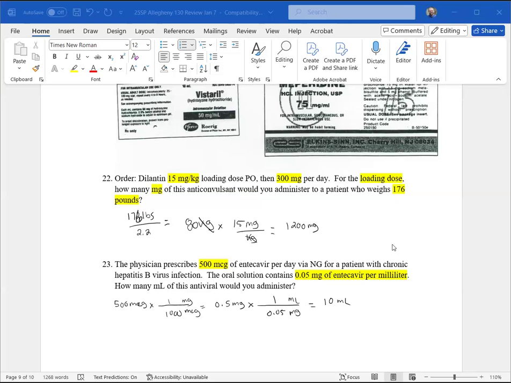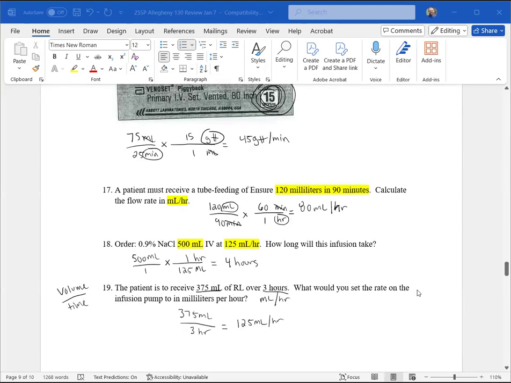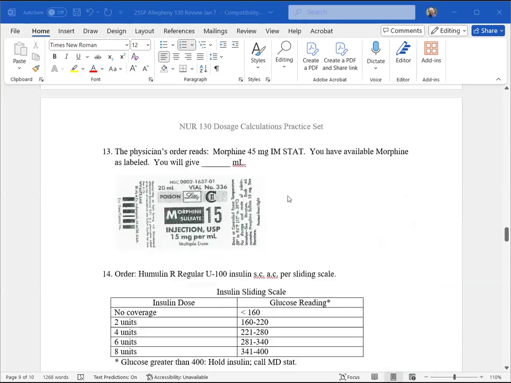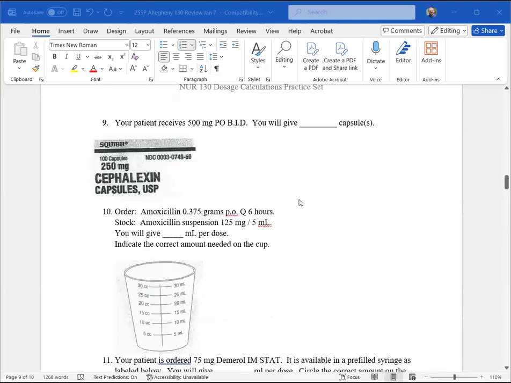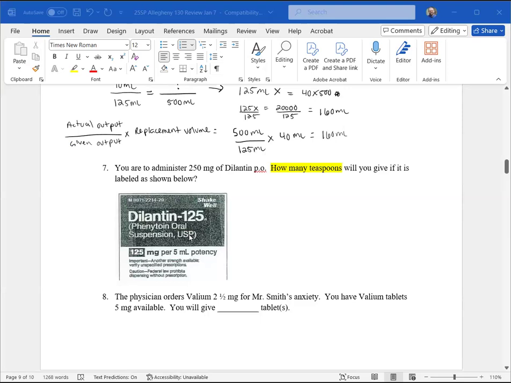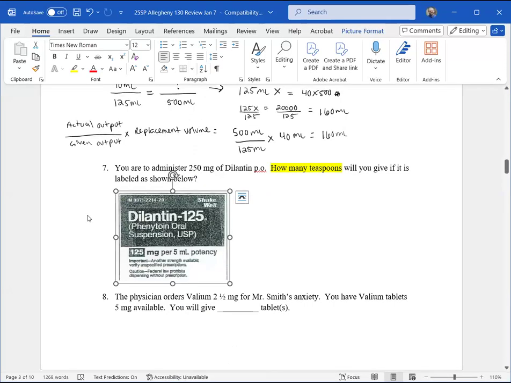And I will say the only other thing they might do is there's a Dilantin label up here. Let me just find it real quick. So let's say they took this label of Dilantin and applied it to what you got. You got 1,200 milligrams in that particular example. They might say, how many mLs would you administer once you have the milligram dosage?